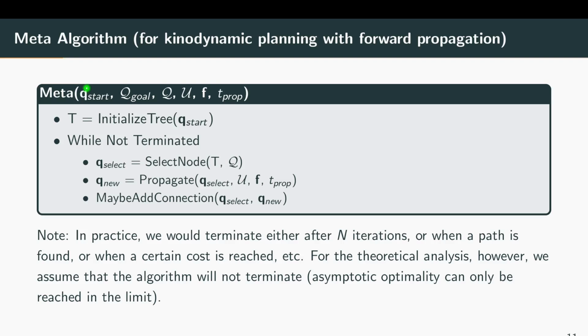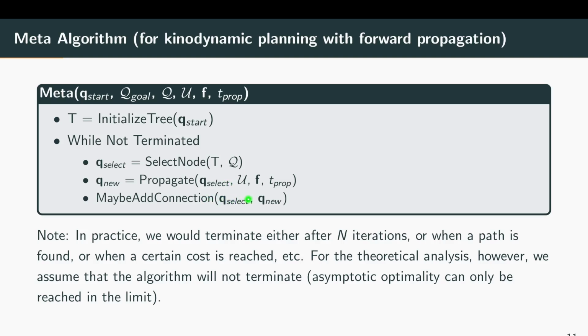So we are given a start state, a goal region, our state space, our action space, our dynamics function, and some propagation time for the dynamics. Then as before, we just initialize our tree with the start node, and then we follow just 3 basic steps. The first one is we select some sort of node in our tree. The second one is we call our propagate function that just moves somewhere, starting from that node.